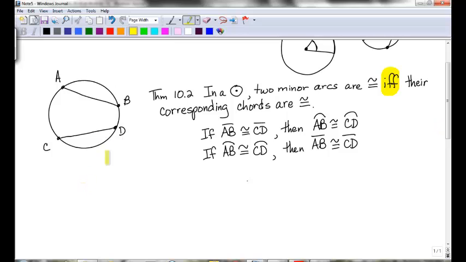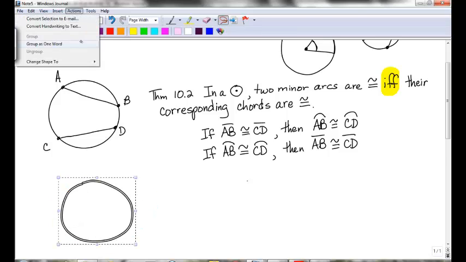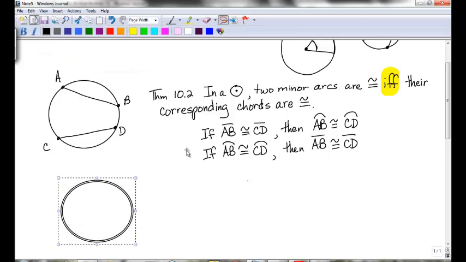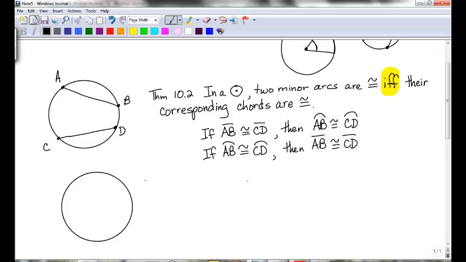Okay, draw another circle, and on this one, theorem 10.3, I need you to draw from the center a diameter going straight down.